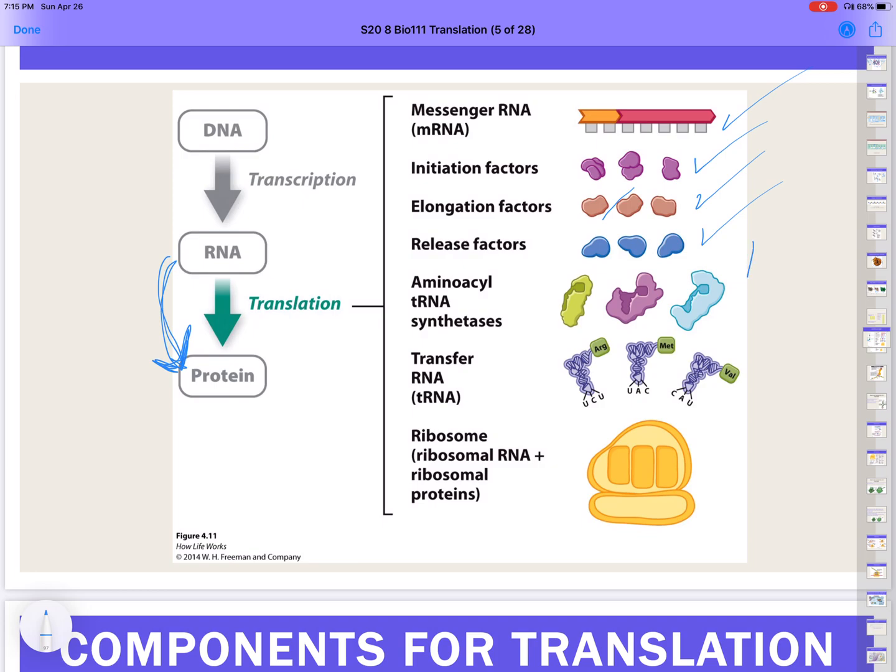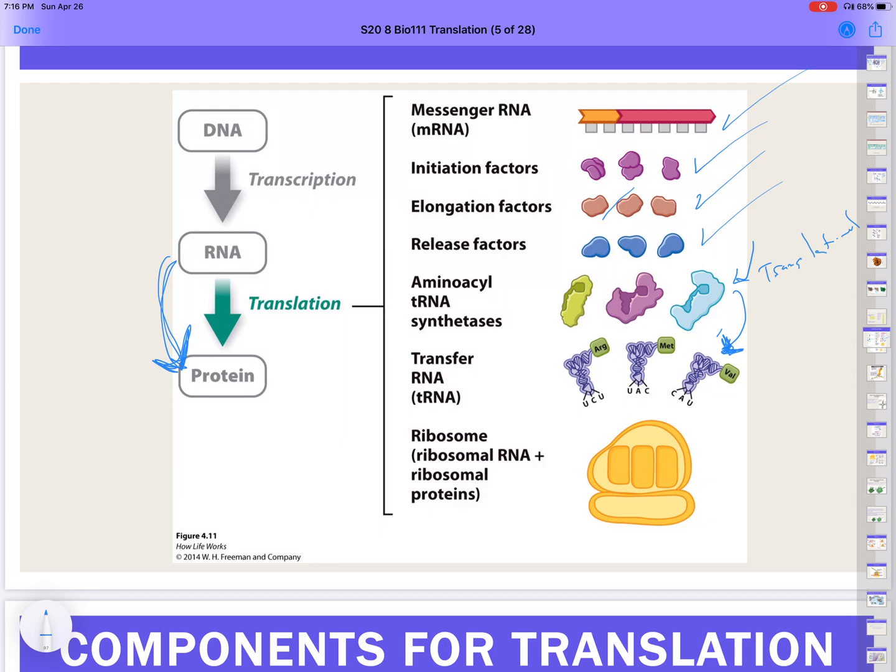But here, we need something that does the translation, and these are tRNAs. And then these are the enzymes that catalyze the tRNA production. So you have tRNA synthases, and then you have the individual tRNAs.